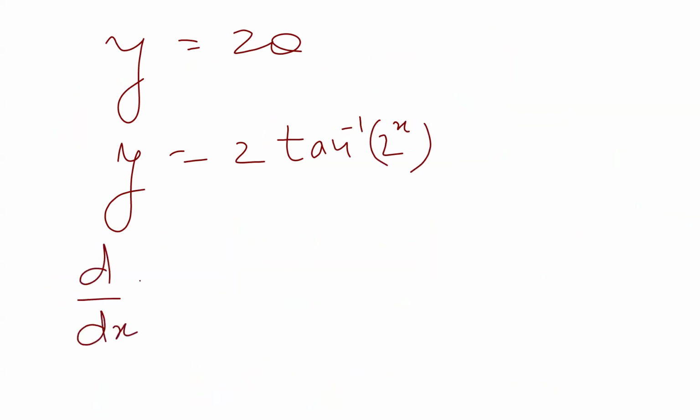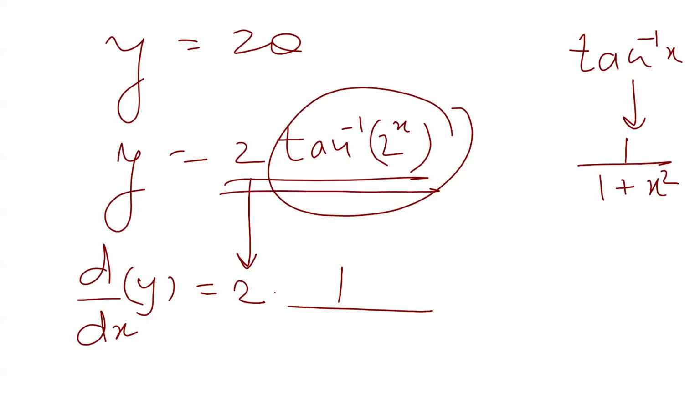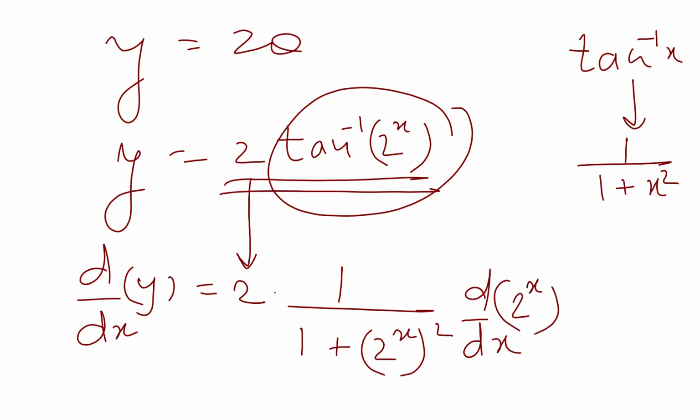So d by dx of y is d by dx of this right hand side. So 2 will remain as it is. Tan inverse of x derivative is 1 upon 1 plus x square. So tan inverse of 2 raised to x derivative will be 1 upon 1 plus 2 raised to x the whole square, into d by dx of 2 raised to x, because x is getting replaced with 2 raised to x.